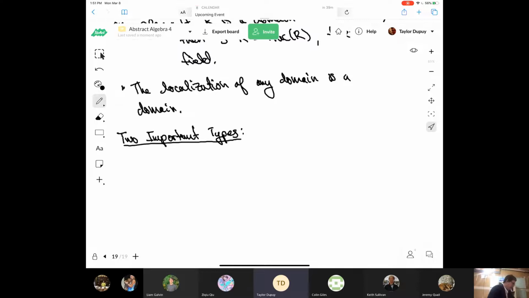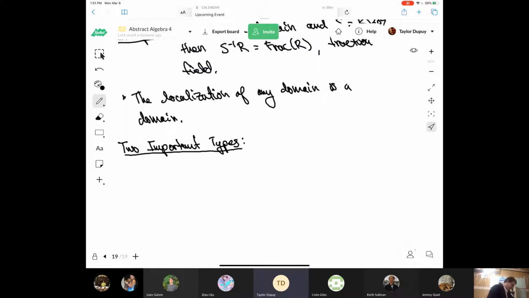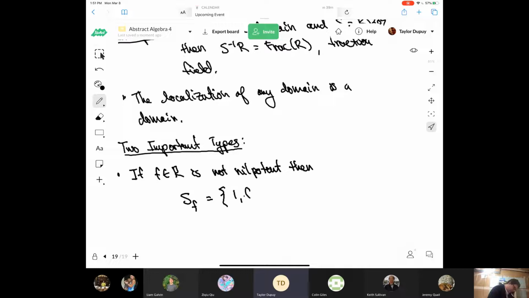One is if f in R is not nilpotent, then we can consider the set S, which is 1, f, f squared, f cubed, and so on.